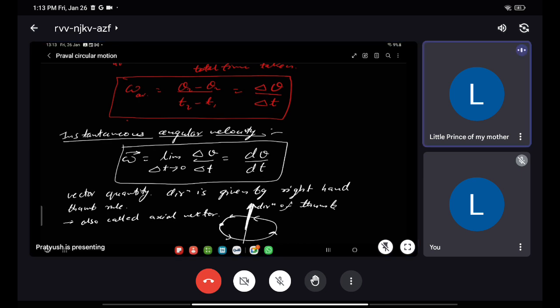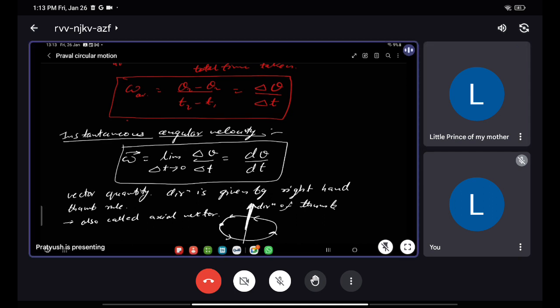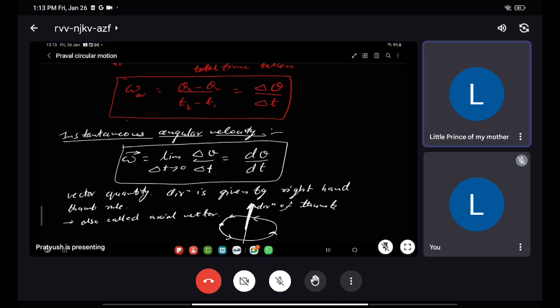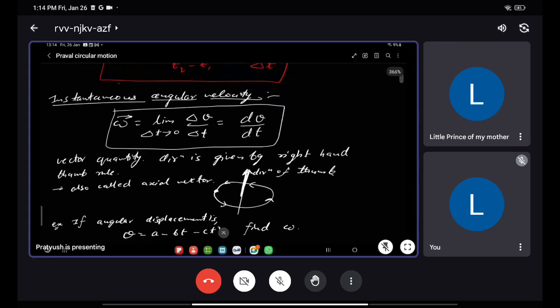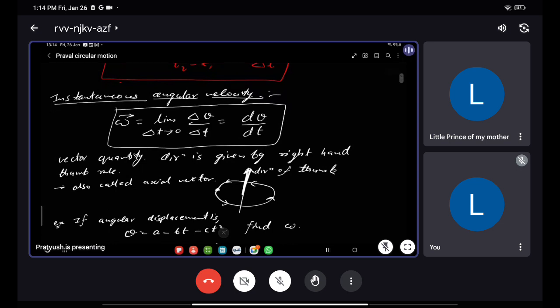So at that particular instant, the rate of change of angular displacement, that is angular velocity. Now see this question. If the angular displacement is this much, find omega.